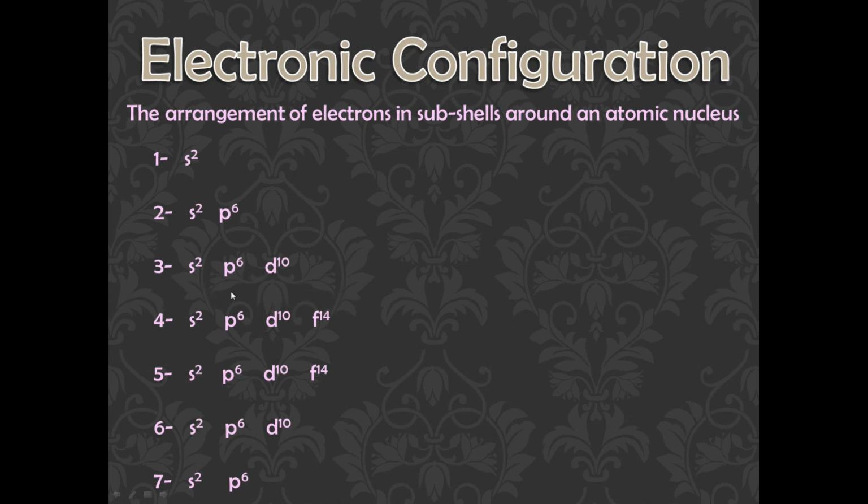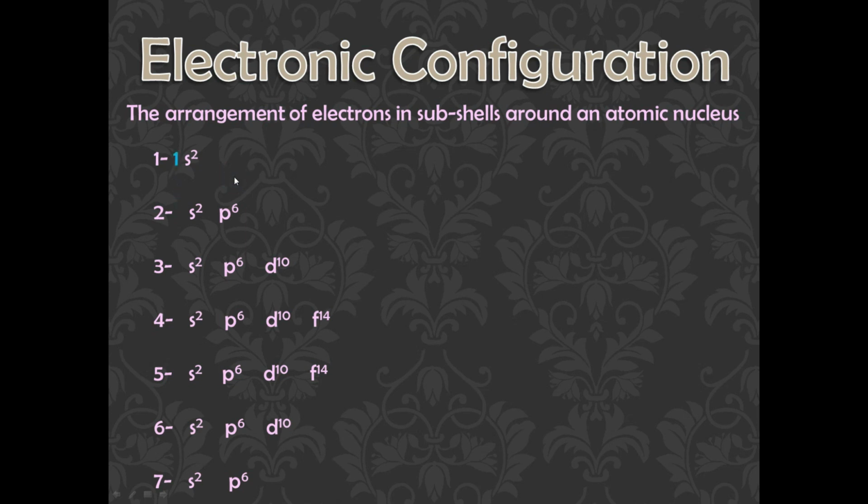Now in this diagram you can see all the shells must contain S subshells. So how will we differentiate whether this S subshell belongs to the third shell or the fifth shell? To differentiate, we write the shell number with each subshell.